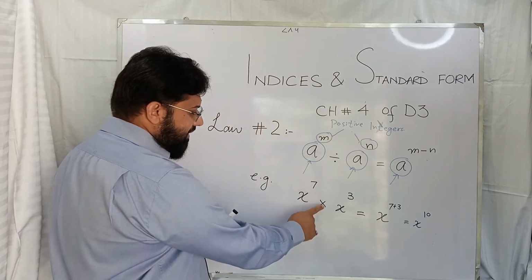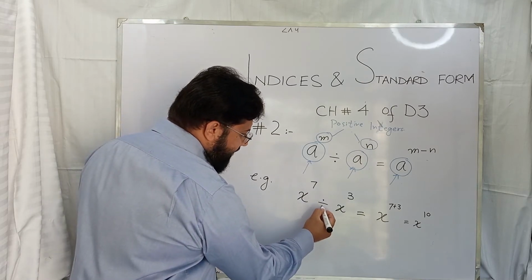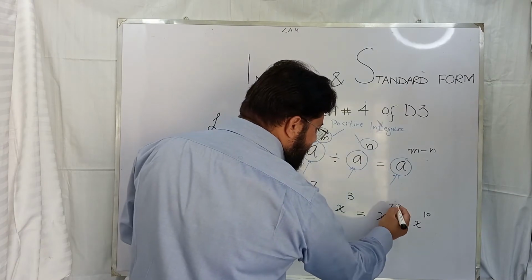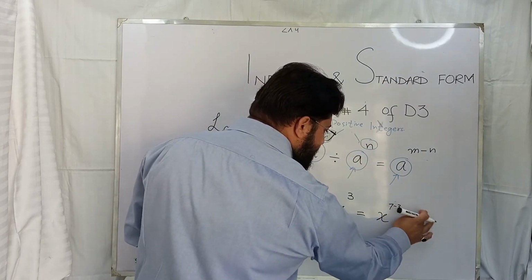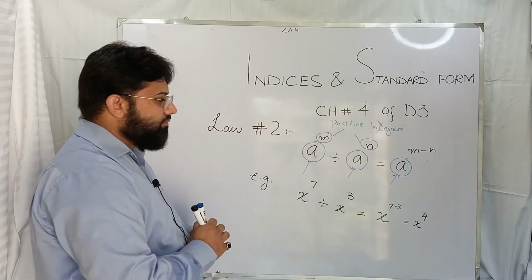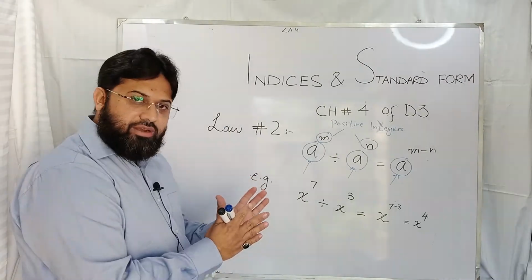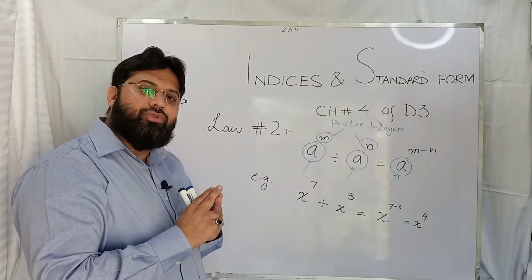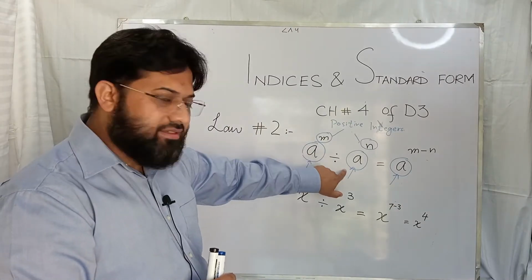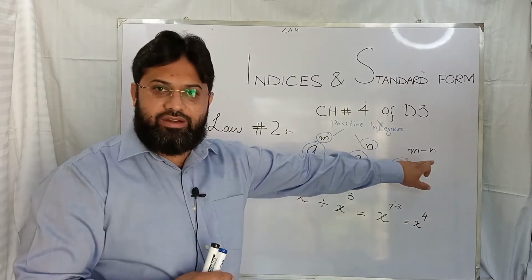For example, I take the same example. x to the power 7 is going to be divided by x to the power 3. It will be x to the power 7 minus 3. So what would it be? x to the power 4. This is the second law. So from this discussion up to this point, we have concluded two things. Law number 1 says if bases are same and they are going to multiply, their powers are added.